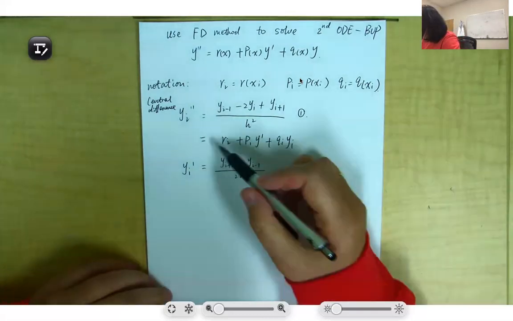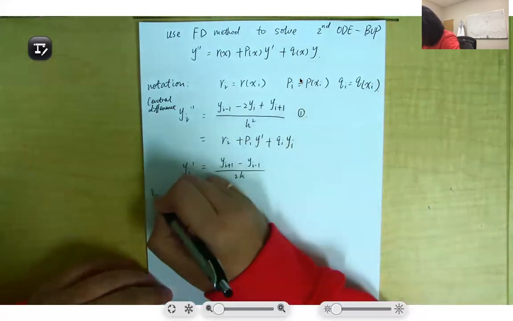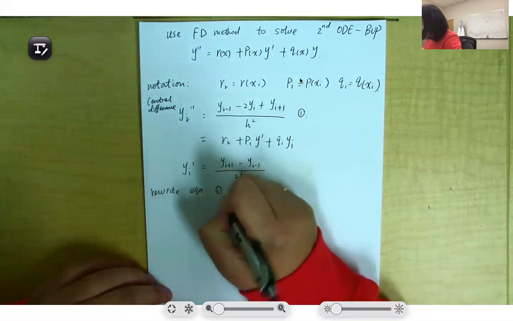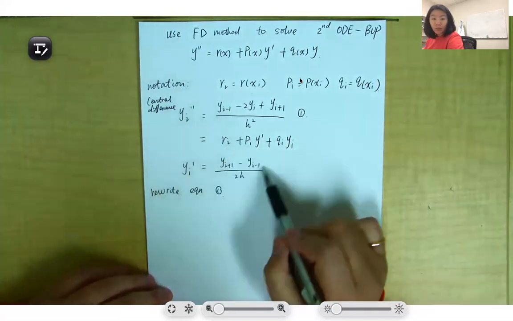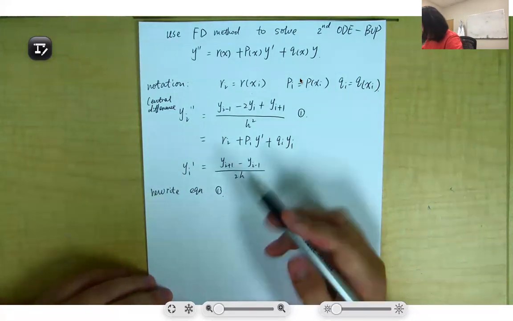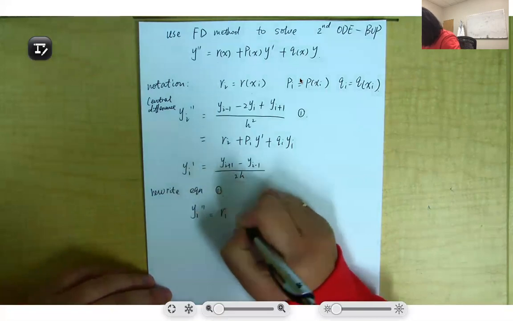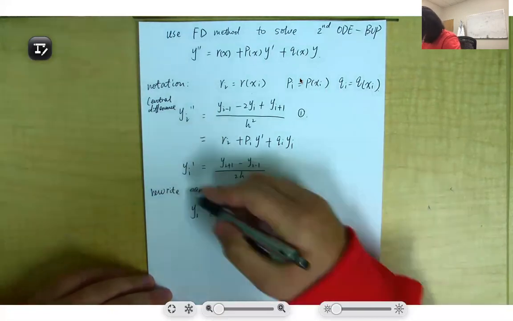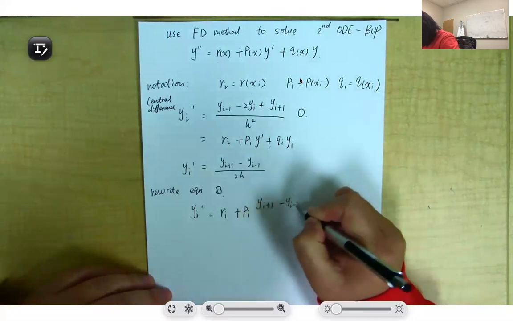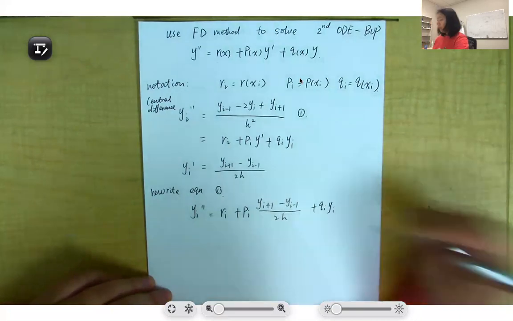Then you can rewrite equation 1 using the expressions of y prime represented by the central difference. So yi double prime will be equal to ri plus pi times yi prime, which is yi plus 1 minus yi minus 1 divided by 2h, plus qi yi.